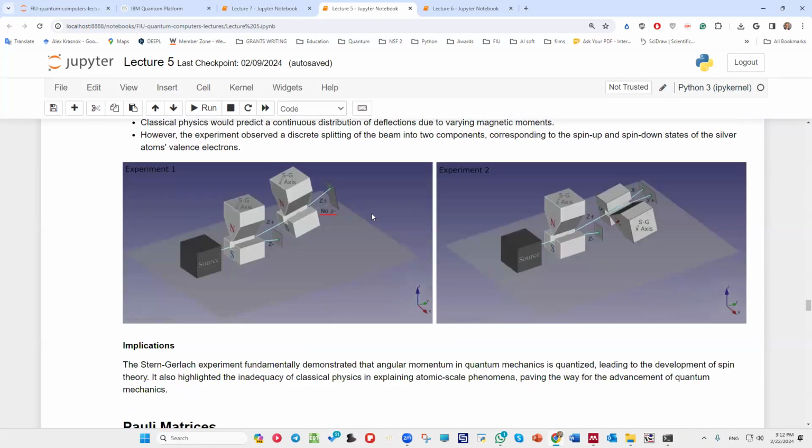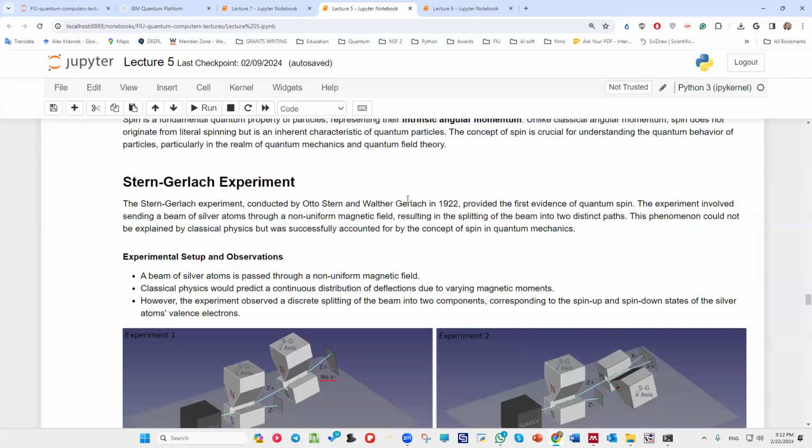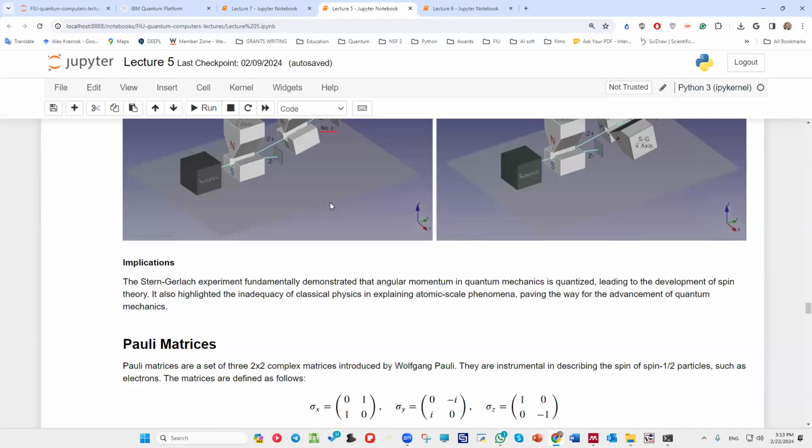And an interesting feature of the spin is that it can be observed only in spin up or spin down orientation. In this famous Stern-Gerlach experiment we discussed last time.